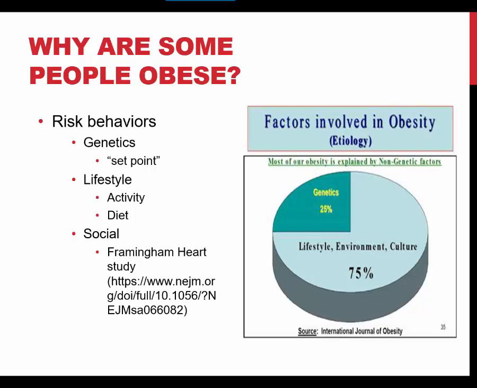We know that with something like activity, many things that are beyond a person's individual control can influence activity, like their work schedule, the availability of green spaces, whether or not they live in neighborhoods that are safe and well lit and with sidewalks that will allow them to do something like walk at night.